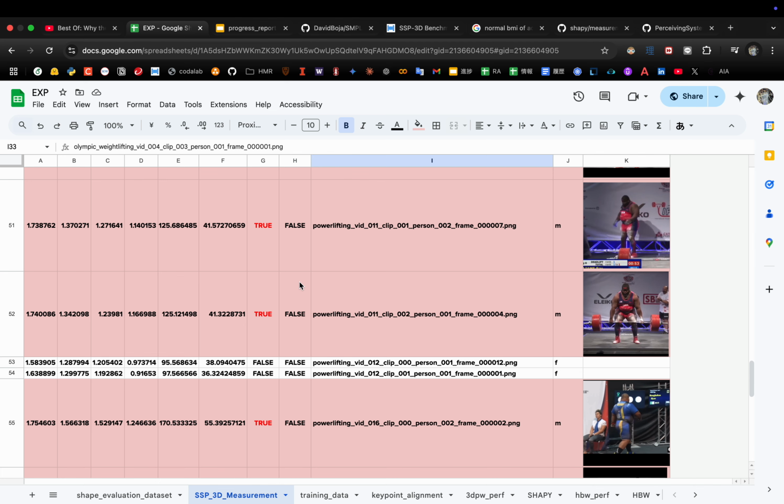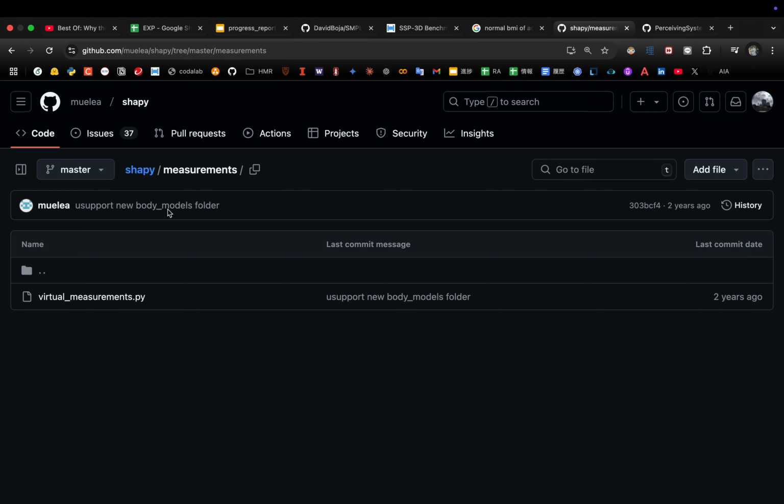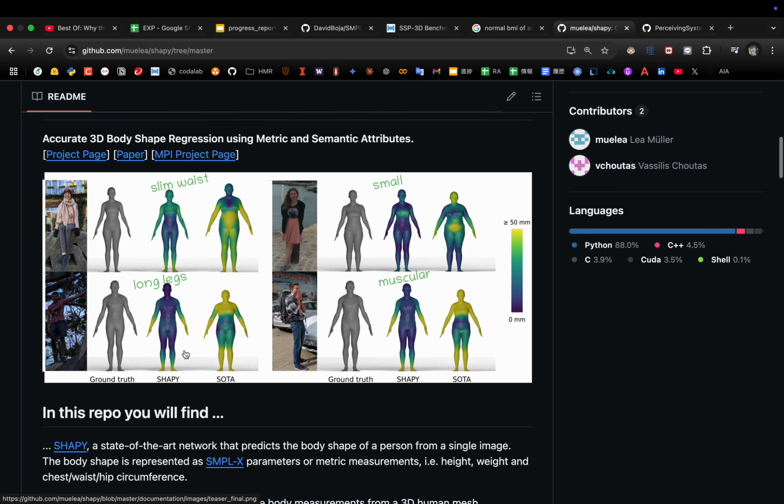But of course, in the original SHBW paper, they do not compare directly on the body mass. The body mass is not the metric to be compared.